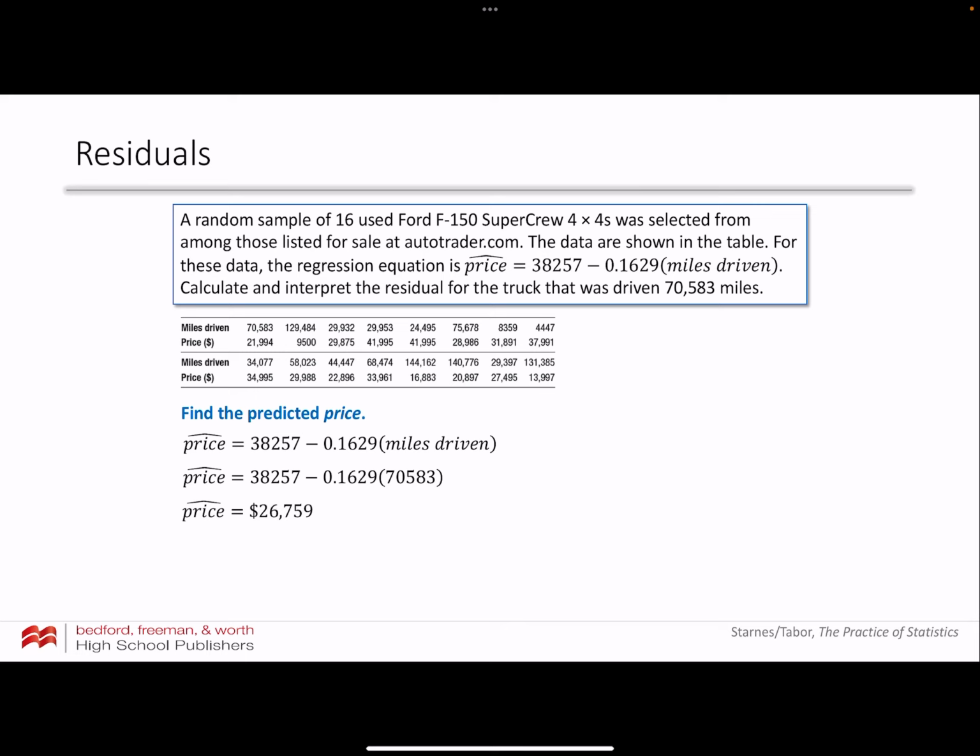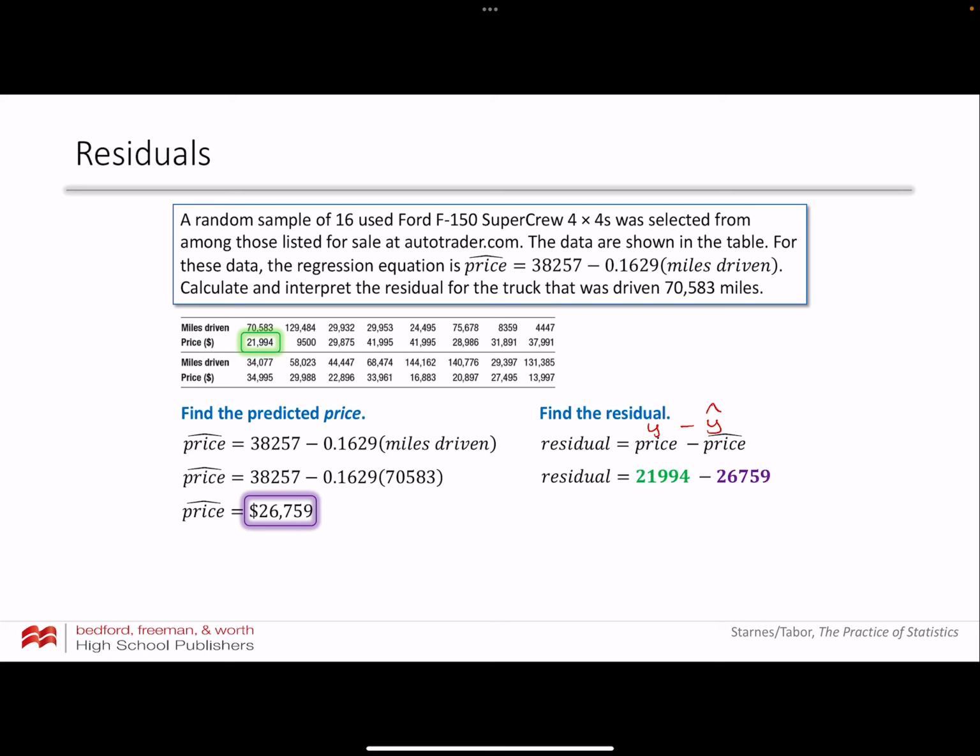Then we look at the actual price it was sold for and subtract: actual price minus predicted price. So price minus price hat, y minus y hat.